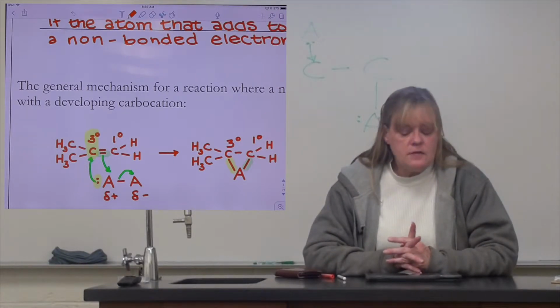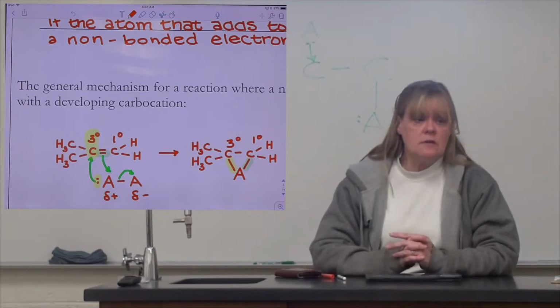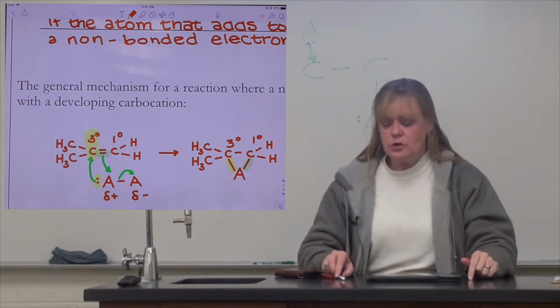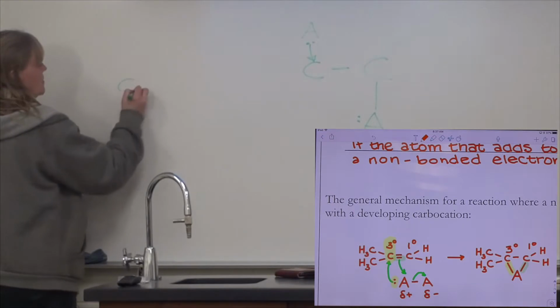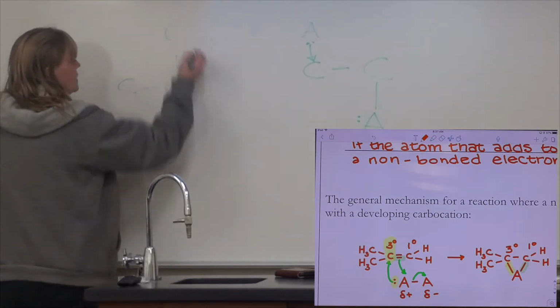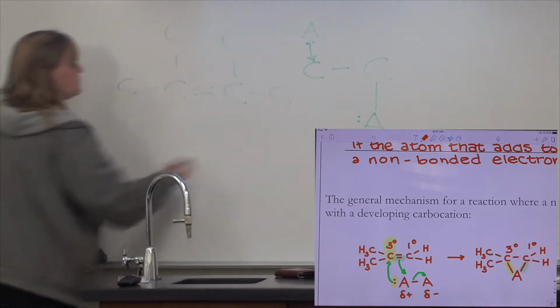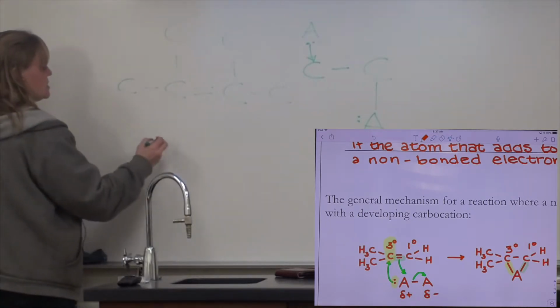So now I have something that I would really love your feedback on, and you don't have to give it to me today because you're going to have to work with this for a while and see what works for you. You know how all along we've been drawing molecules like this with stuff coming left and right and up and down. Since this is trigonal planar, the actual molecule doesn't look like this.